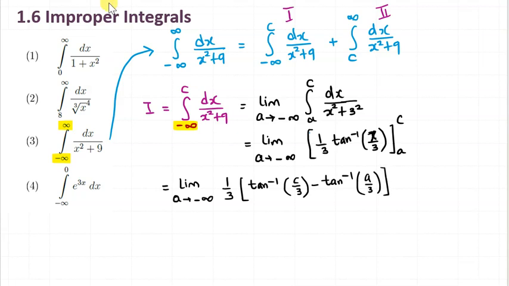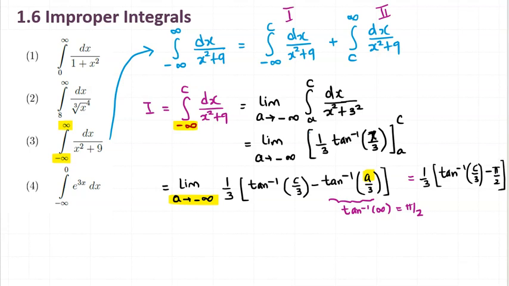When we replace a goes to minus infinity, this term becomes tan inverse of minus infinity, we know that its value is minus pi by 2. The first term will remain unchanged because c is not getting affected. So it is 1 over 3 tan inverse of c over 3 minus pi by 2. Okay, so this is the value of the first integral.